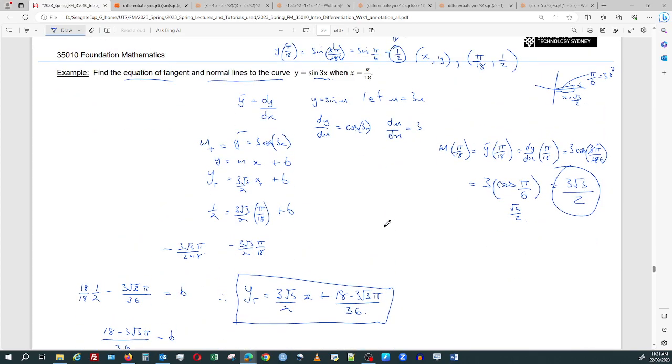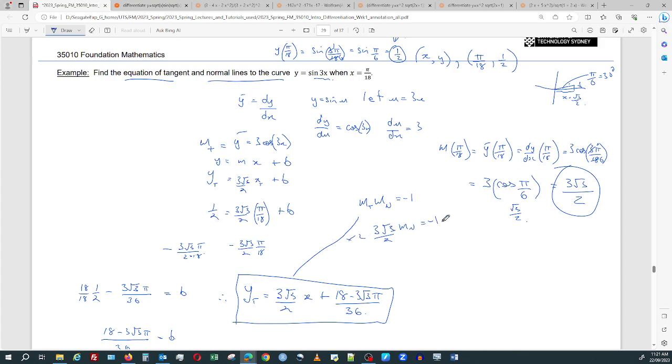Okay, so remember this, that m tangent times m normal is equal to minus 1. And we've already got one gradient. So we've got 3 root 3 on 2, m normal equals negative 1.